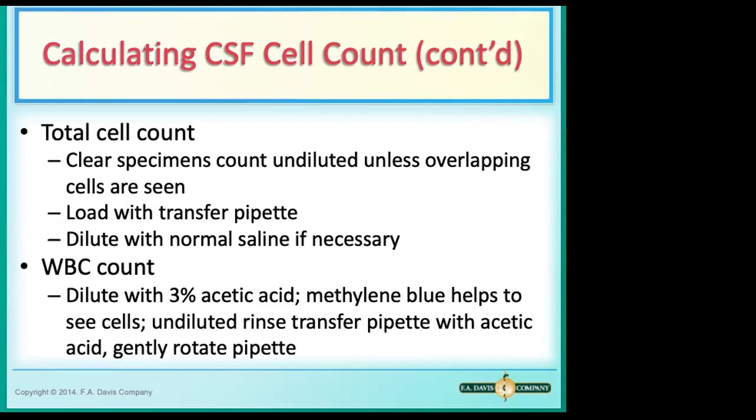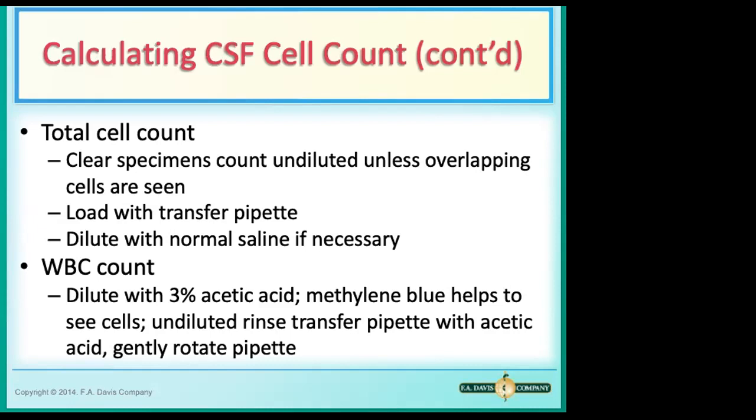You can use a liquid called 3% glacial acetic acid to lyse the red blood cells. And then you can add methylene blue to the diluent fluids, and that stains the white blood cells. That's really nice because it gives you a nice differentiation between neutrophils and mononuclear cells, should you need to differentiate them.